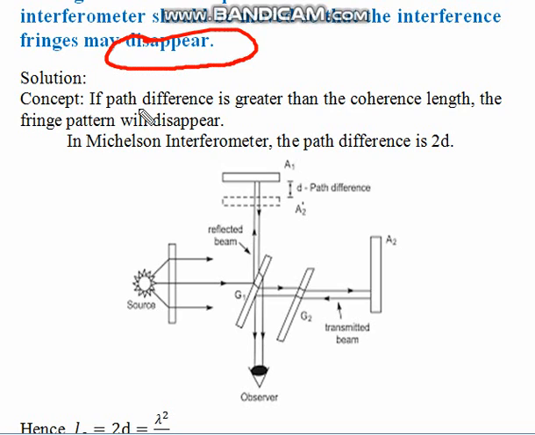Now the basic concept: if the path difference is greater than the coherence length, the fringe pattern will disappear.